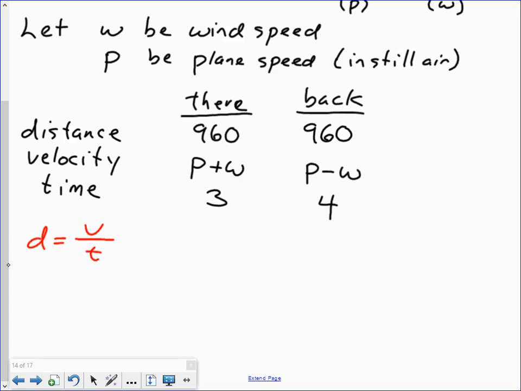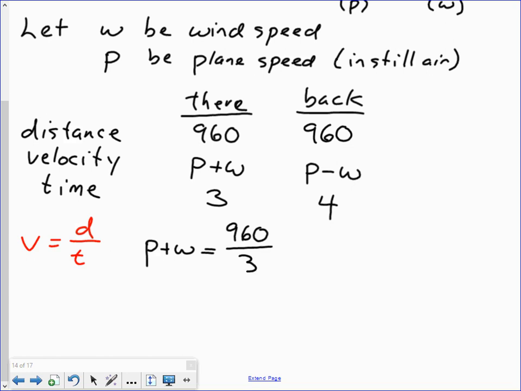So on the way there, our distance, sorry, not distance, is velocity divided by time, my mistake. I meant our velocity is distance divided by time. That'll work a lot better. So our velocity on the way there is P plus W. Our distance is 960.